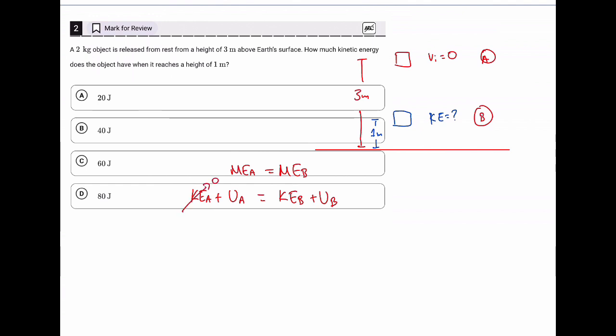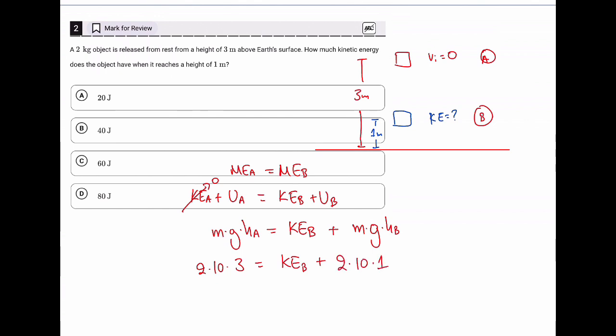The potential energy at A is mgh at A. What we need to find is the kinetic energy at B, so I don't replace it with 1 over 2 mv squared, and the potential energy at B is mass times g times height at B. The mass is 2, the g is 10, the height at A is 3 meters, we don't know the value of the kinetic energy at B, and again the mass is 2, g, and the height at B, which is 1 meter. So 60 is equal to kinetic energy at B plus 20, and this means that the kinetic energy at B is 40 joules.